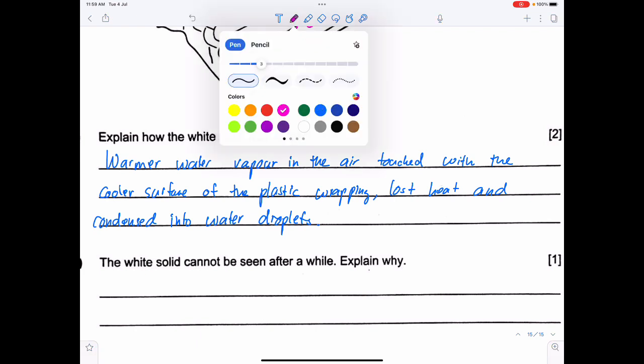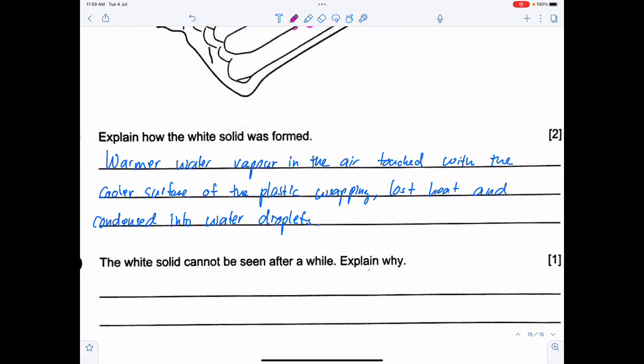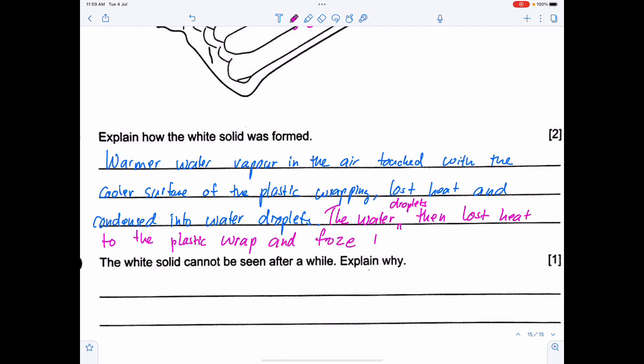Then the second part, I'm going to use pink color, is talking about how the white solid is formed, which is ice. Okay, the water droplets then lost heat to the plastic wrap and froze to become ice.